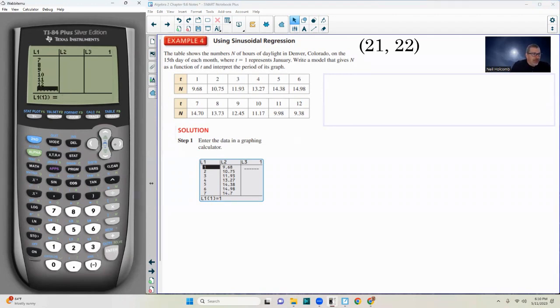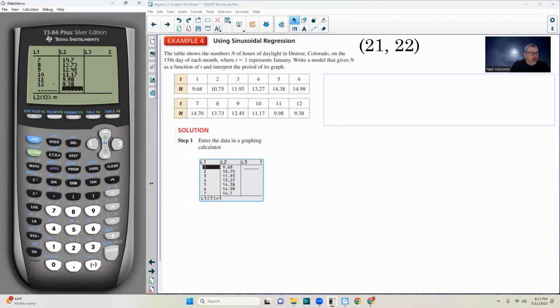All right. And then we're going to arrow over and we're going to put the values that we had. 9.68, 10.75, and so on. 14.70, enter. 13.73, enter. 12.45, enter. 11.17, days are getting shorter. 9.98, enter. 9.38, enter.